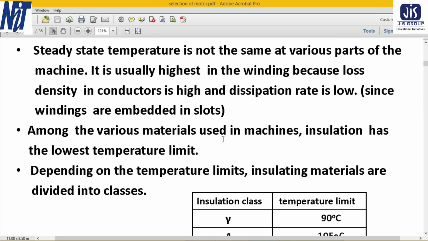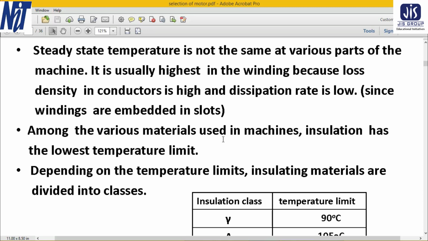Now, steady state temperature is not the same in all parts of the motor. It is highest in the winding. Why? Because loss density in the conductor is high in the winding, and the dissipation rate is also low, because the windings are embedded through insulator in the slots.